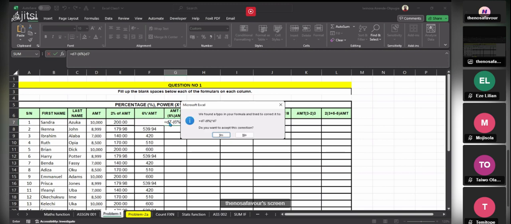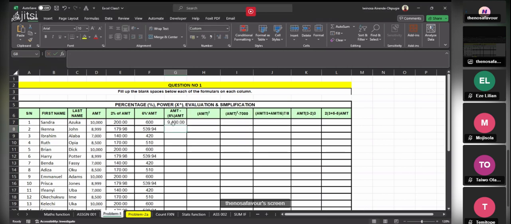Okay. So now Excel is asking you a question. Automatically, you should have included the multiplication sign after your bracket. So Excel is telling you, we found a typo in your formula and tried to correct it with this. Do you want to accept this correction? Yes. All right, so we've gotten our answer. You are very correct.